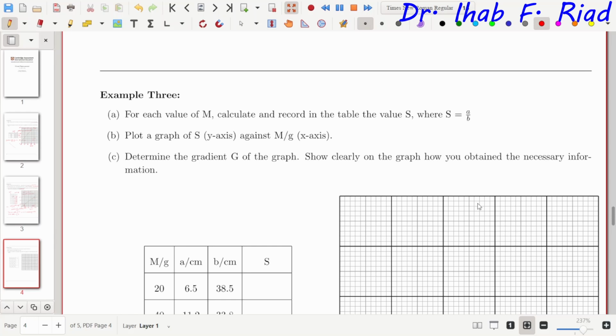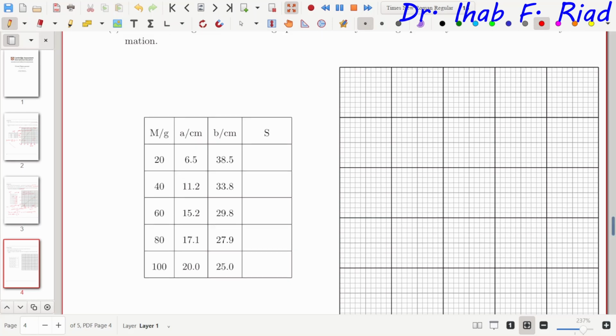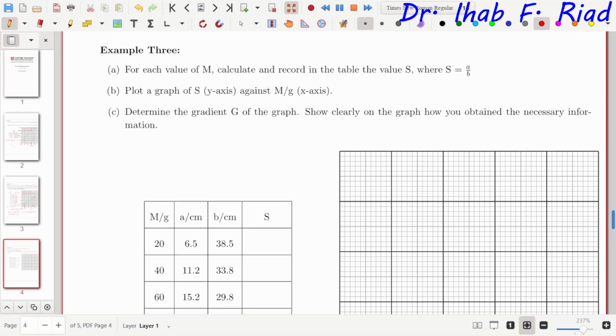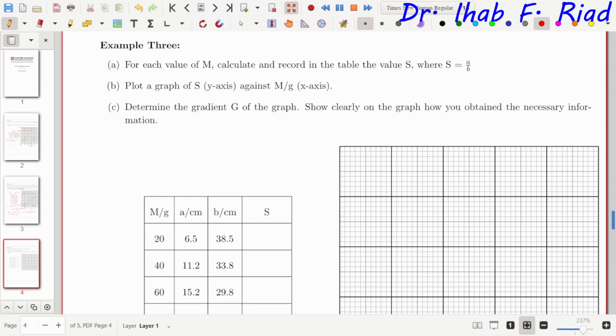For each value of M, calculate and record in the table the value S, where S is equal to A divided by B. Okay, so we need to calculate S, A divided by B. We are going to make a graph plot of S on the y-axis, and M is going to be the x-axis.